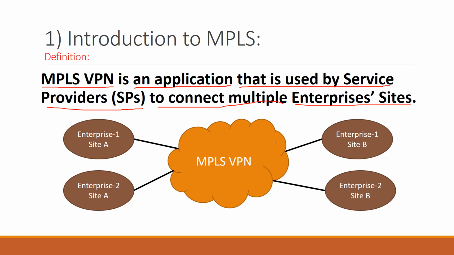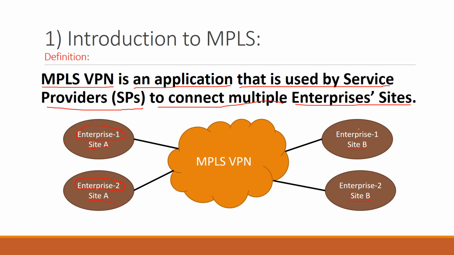What does this mean? It means that you can have more than one customer, let's say enterprise 1 or customer 1, and enterprise 2 or customer 2. Each enterprise has 2 sites, site A and site B for enterprise 1, and site A and site B for enterprise 2.